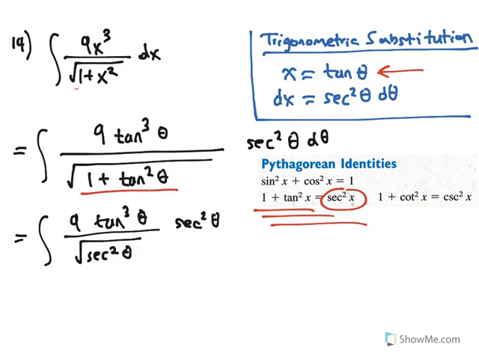In the denominator, the squaring and the square root will undo each other and you just have secant theta.